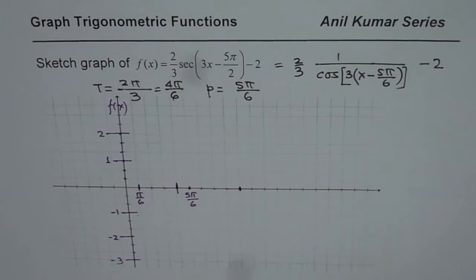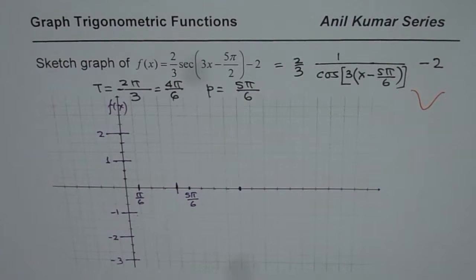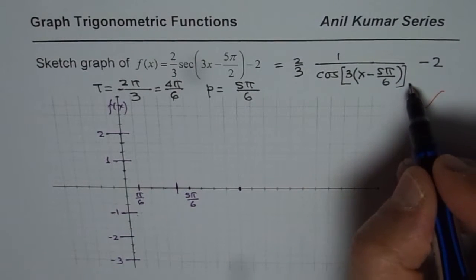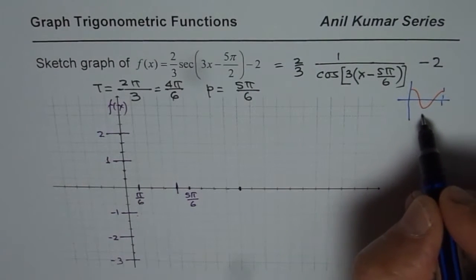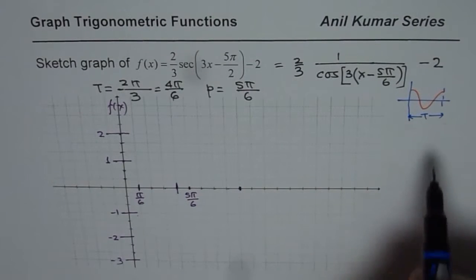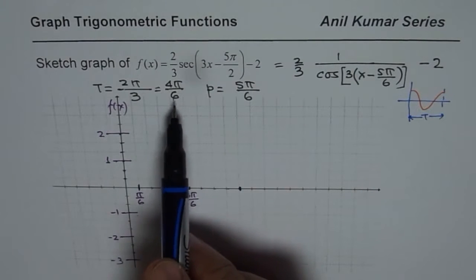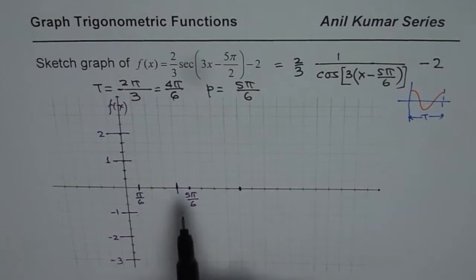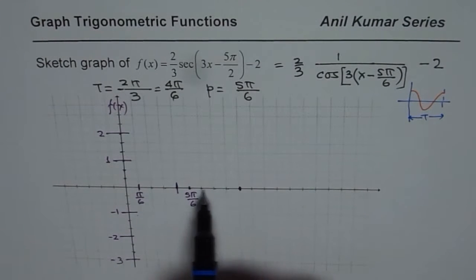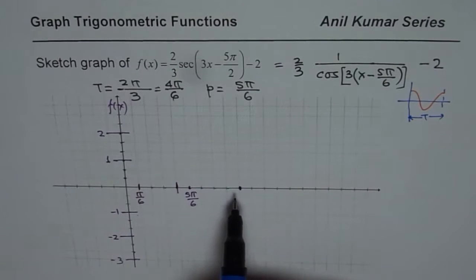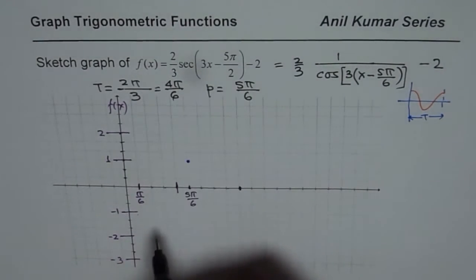For a cosine function, approximately, let me sketch one here. We are trying to sketch something like this, right? For a cosine function, this is one time period. In our case, the time period is 4 pi by 6. It's good to count by pi by 6 since that is our phase shift. So what we have decided is that from here we'll have one wave which starts here and ends at that place. Perfect. And the starting point for cos is 1.